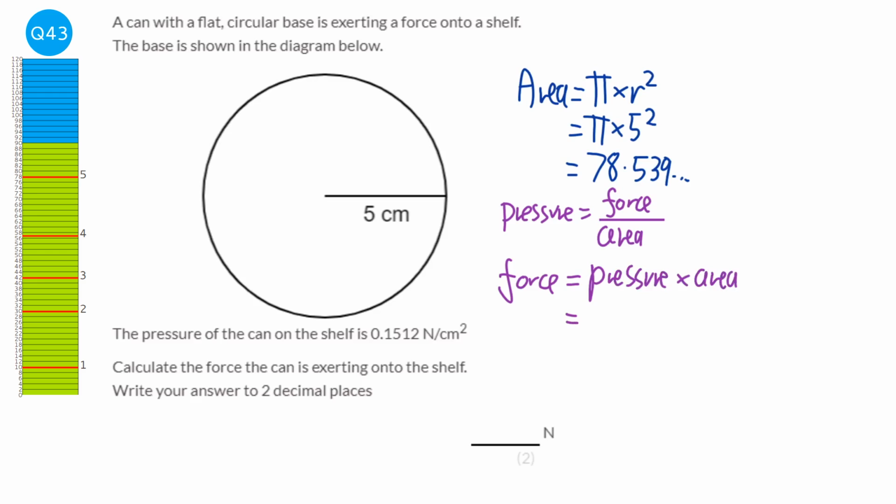Pressure, it says, is 0.1512. The area we found out in the previous question, and we keep that in our calculator so we keep the accuracy up. When you do that you get 11.875 and so on, rounded to the 2 decimal places it asks for, and you get 11.88 newtons.